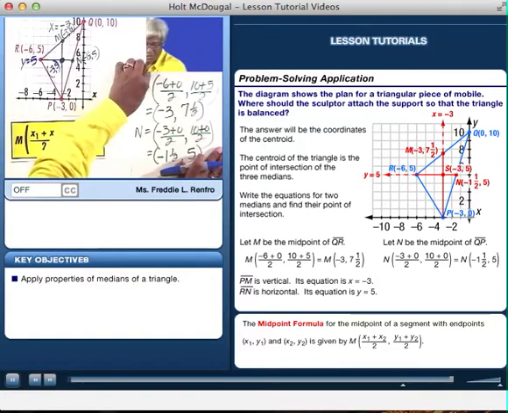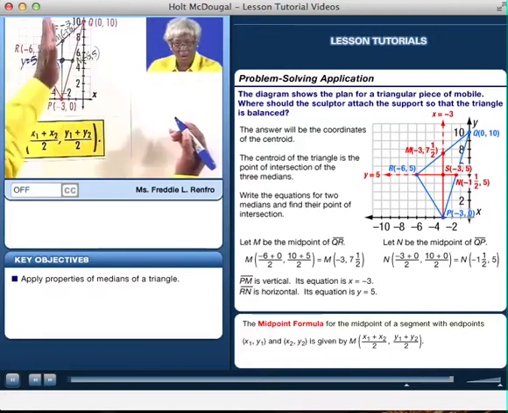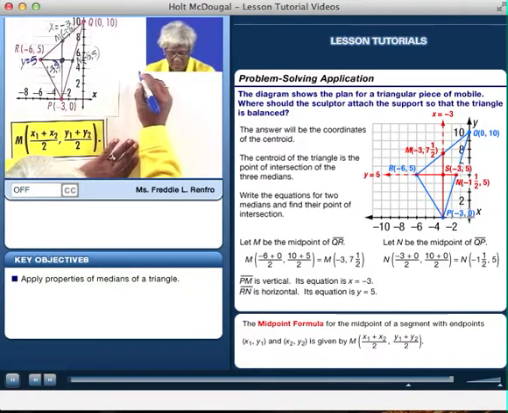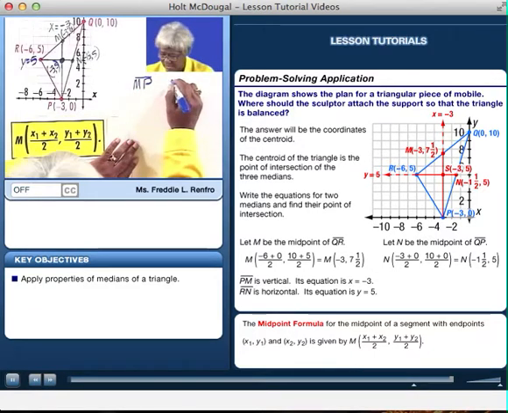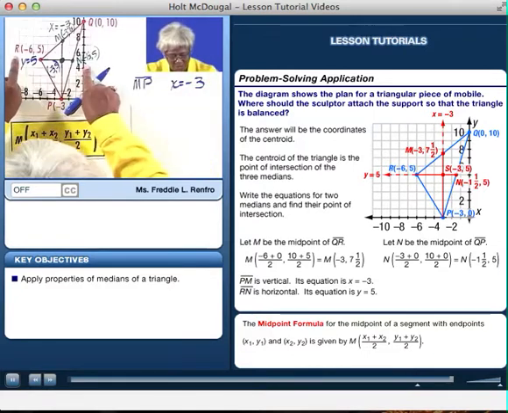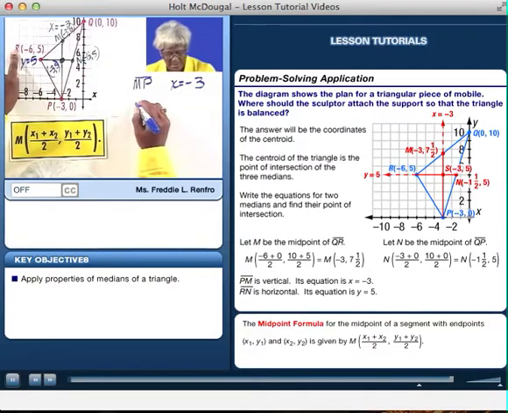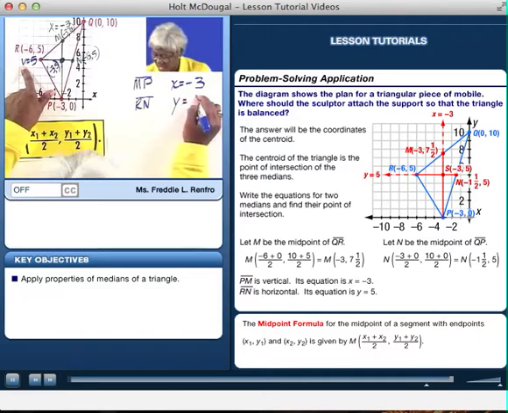So I have two equations. One equation of one median, line segment MP: the equation of that median is x equals negative 3. And what about this other median, line segment RN? The equation of this segment right here, which is a median, is y equals 5.